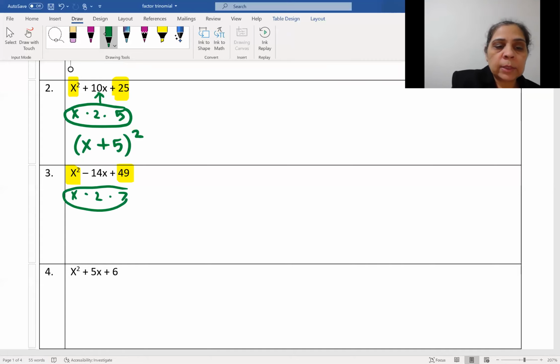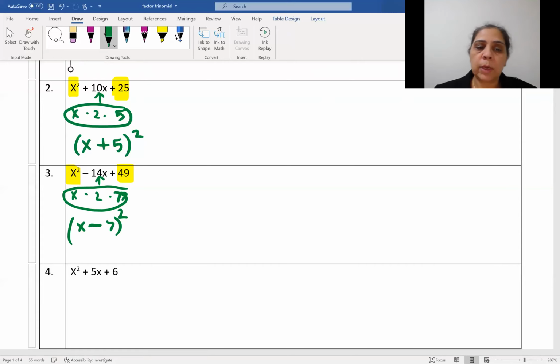So do we have the product here? 2 times 7 is 14, 14 times x is 14x. So it is satisfied. So now we can write the square of a binomial. The square root of x square is x. We need to take the middle term sign. Here we have 14x is negative, so I will take negative. The square root of 49 is 7. And then we have square.